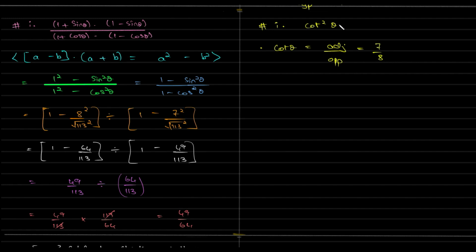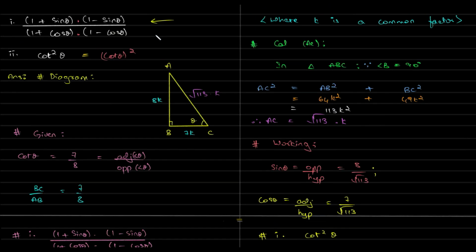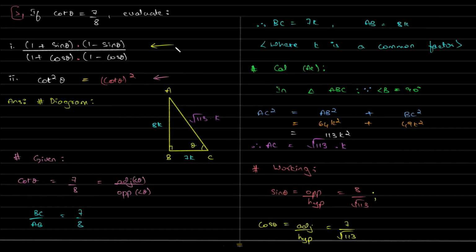Now cot square theta is nothing but cot theta the whole square. So 7 by 8 the whole square, this is 49 by 64. So we can see that the answers are the same. I did such a lengthy version of this question and I got the same thing. So there is some connection between these two, right?